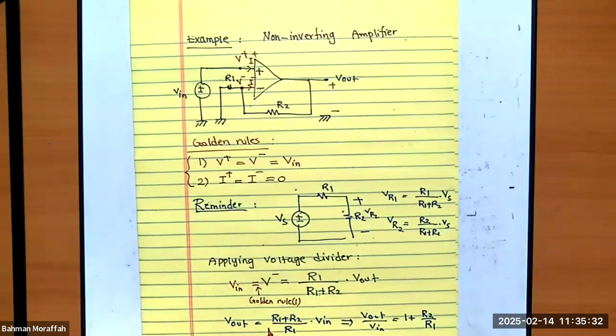Remember, this guy over here is 1 plus R2 over R1. Again, you can do whatever we did in the last example. You can find the current through R1, and then you can say that current is exactly the same as the current through R2, and do the exact same as what we did before.